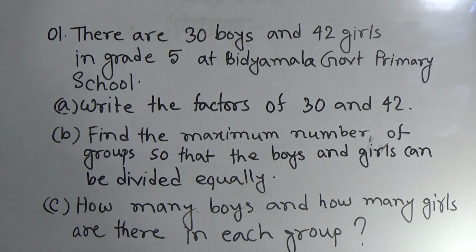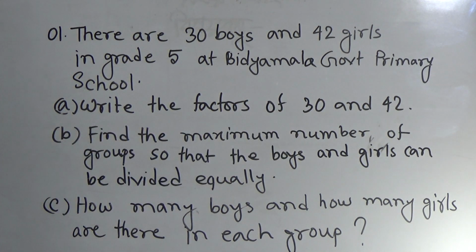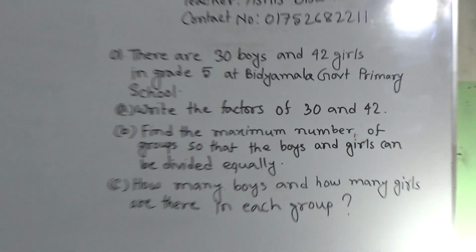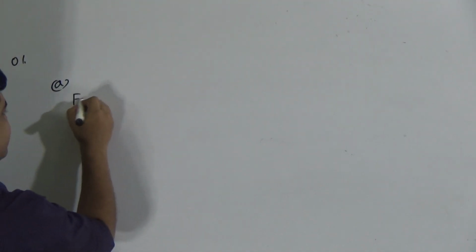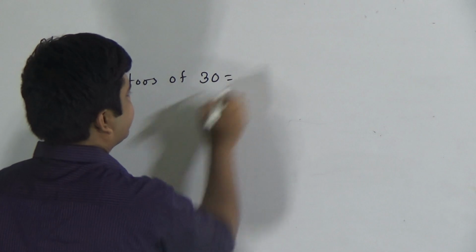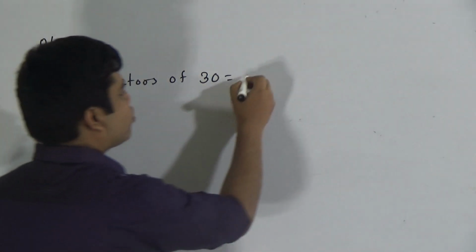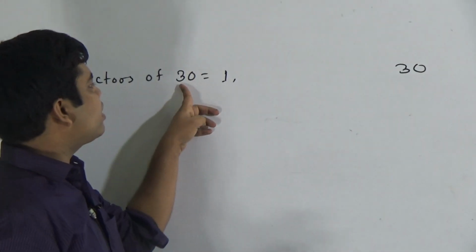So let us start question number A, write down the factors of 30 and 42. Factors of 30. My dear student, notice, 1 and 30 are factors of 30.